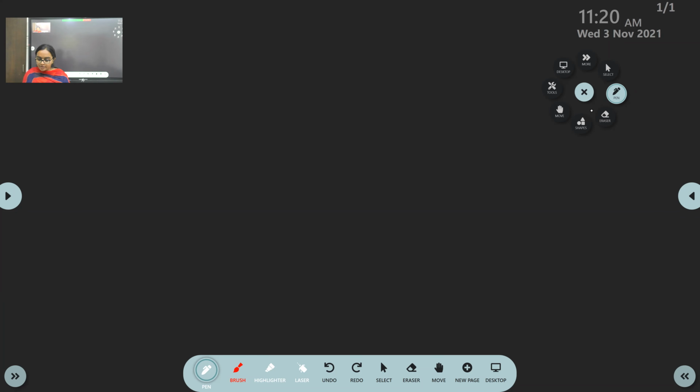Crude petroleum, next point. Crude petroleum consists of hydrocarbons of liquid and gaseous states, varying in chemical composition.